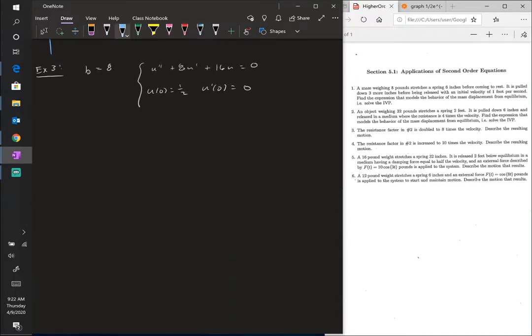So the solution is going to be m² + 8m + 16 = 0. And that's (m + 4)² = 0. m = -4 is repeated. So it's a repeated root. So what's going to happen is we're going to have u(t) = C1 e^(-4t) + C2 t e^(-4t).